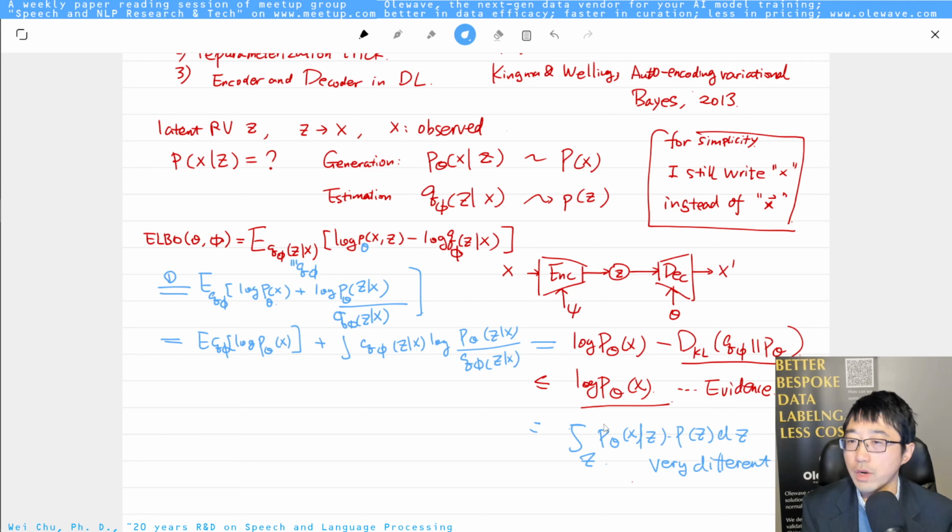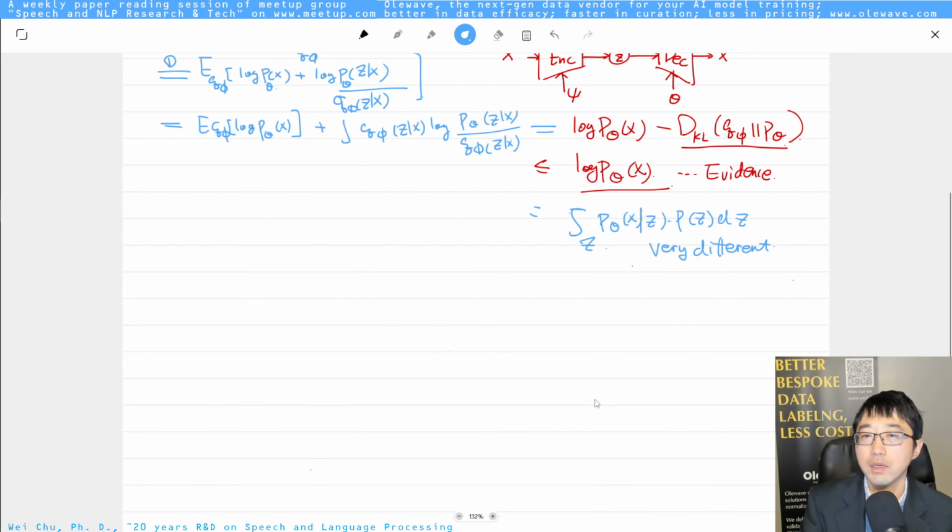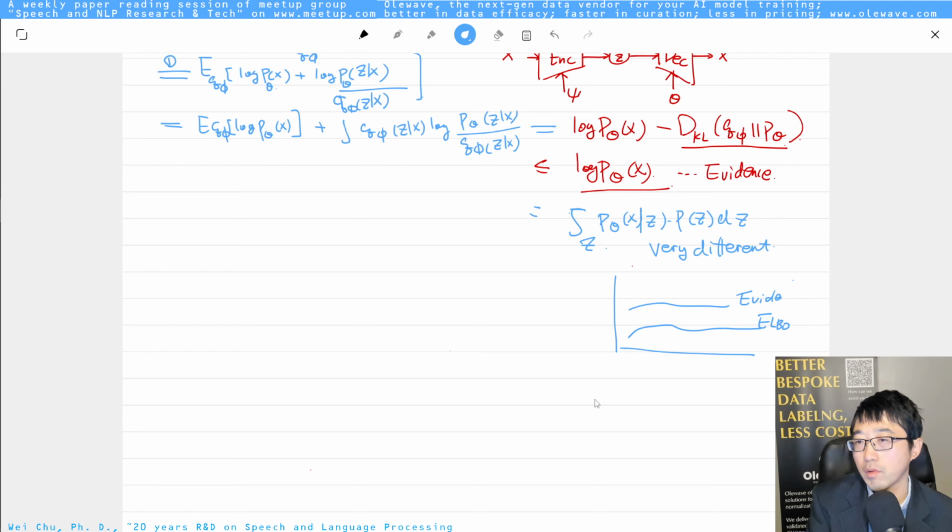So instead of trying to maximize the evidence, people thought that, okay, I can try to maximize the ELBO over here. So the concept was, if my ELBO is here, because this is a lower bound, my evidence should be here, right? This is my lower bound evidence.